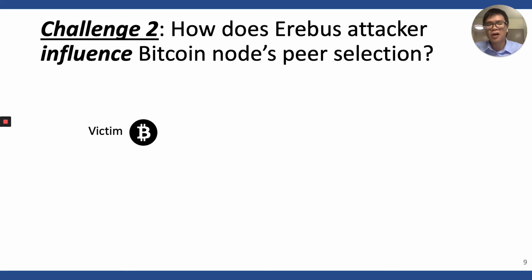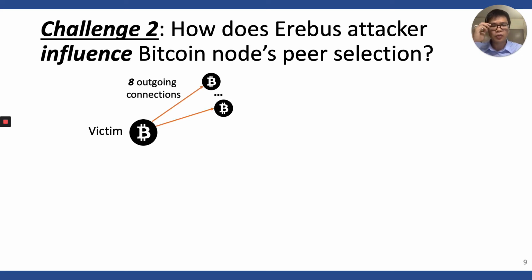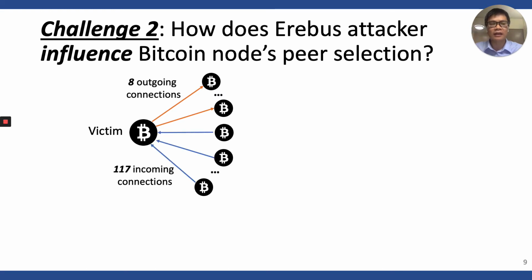Now we discuss how the attacker resolves the second challenge, that is, to influence the victim node's peer selection with the shadow IPs. To explain that, let me briefly describe the Bitcoin peer connection. Each Bitcoin node opens 8 outgoing connections to other peers and accepts up to 117 connections initiated by other nodes.